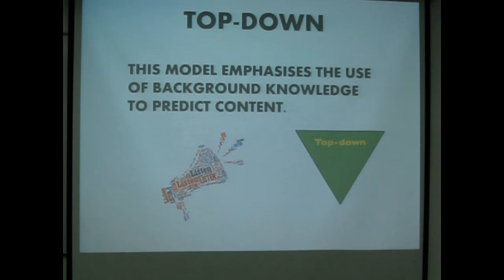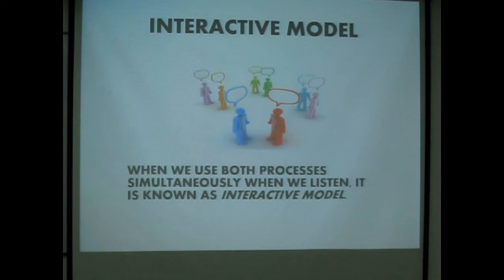Whereas the top-down model emphasizes the use of background knowledge to predict the content, and is based at least in part on the listener. Additionally, when we use both processes simultaneously when we listen, it is known as the interactive model.